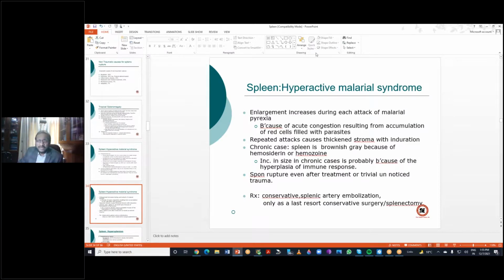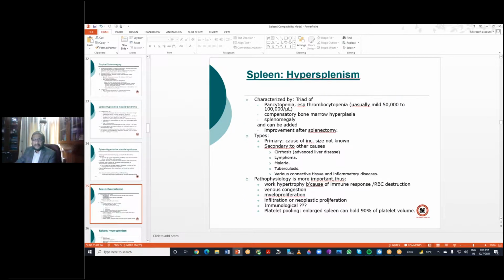Number two, a splenectomy does not usually cure you of the hyperactive malarial syndrome, because apart from splenic manifestation, the hyperactive malarial syndrome has got other manifestations also. So try to be conservative. If at all there is a chance of rupture, go and do a splenic artery embolization. That may serve the purpose. But only as a last resort, go ahead and do a conservative surgery or a splenectomy.